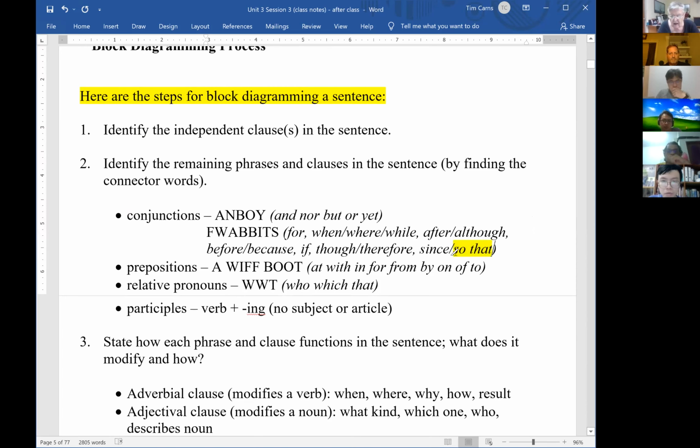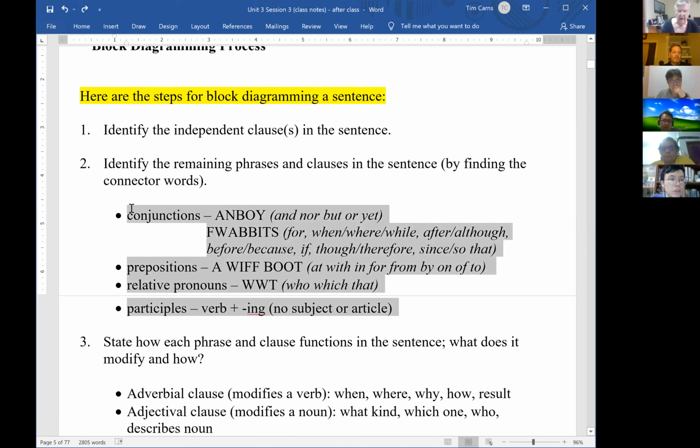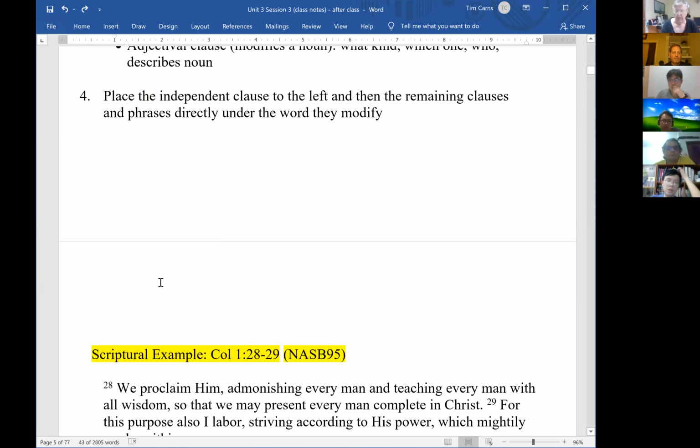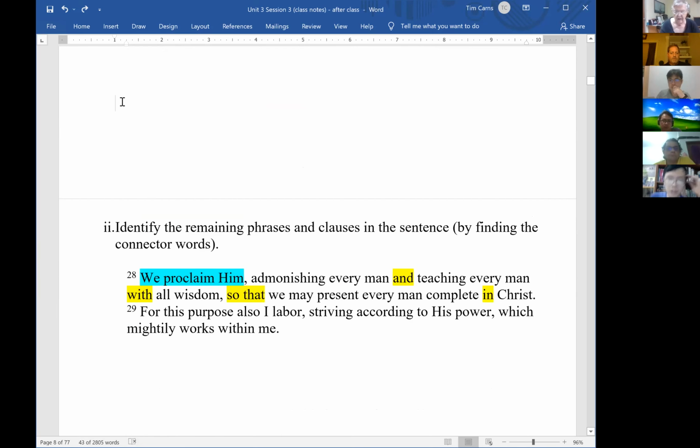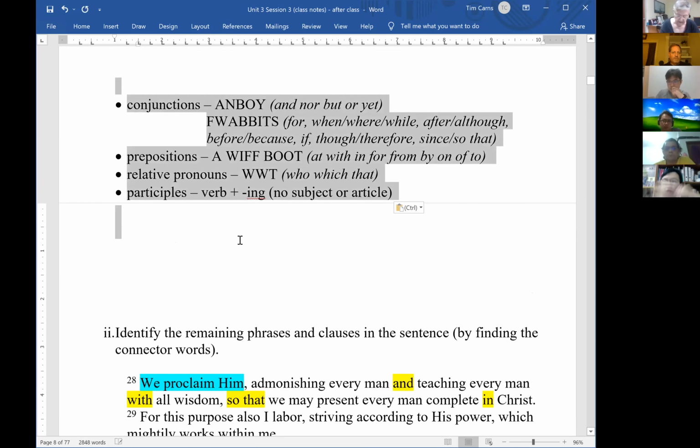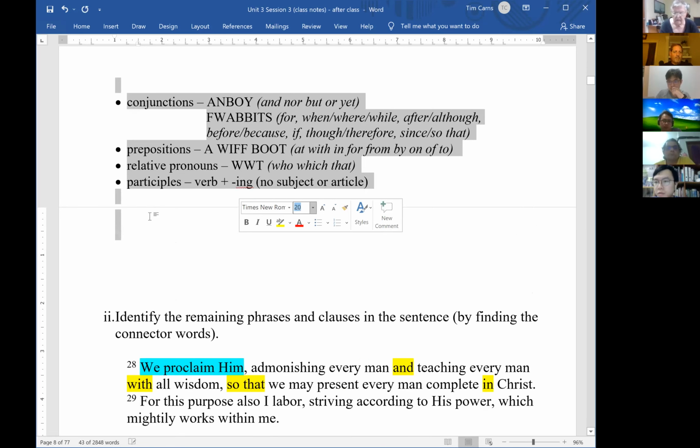Oh, there it is. It's a subordinate conjunction. Exactly. Let me throw this list here so you can refer to it as you're looking.